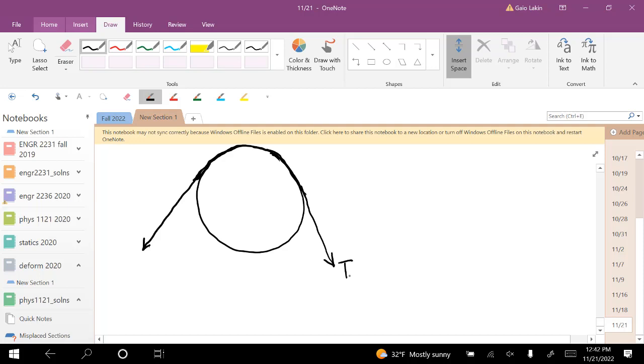This T2 is the given higher force. That's the prince's weight.